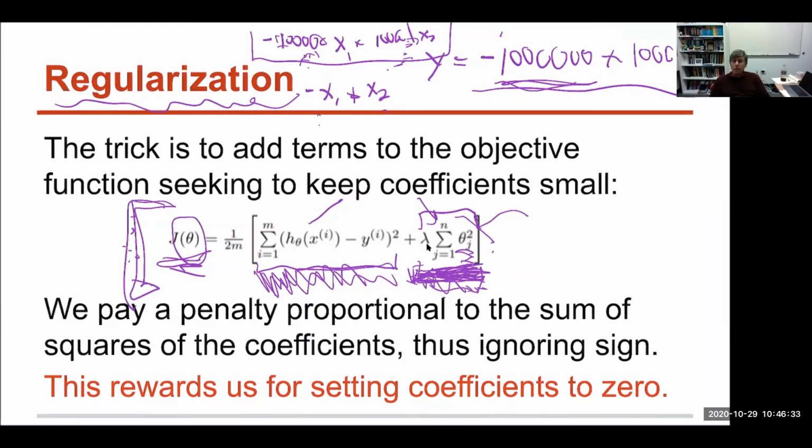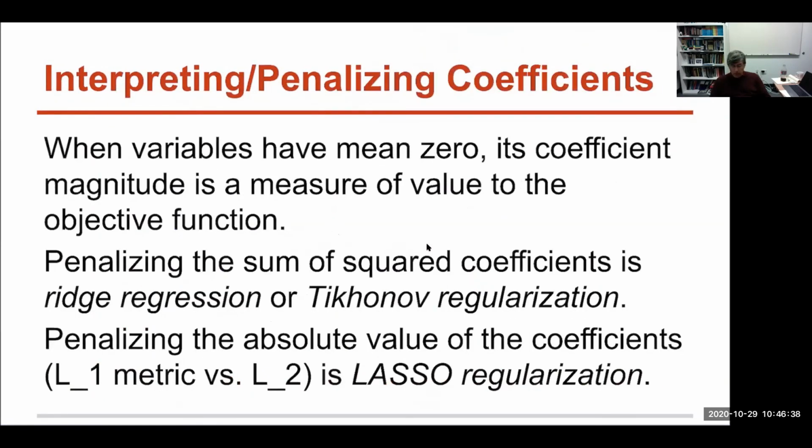Any questions? Okay. So again, as far as how to think about these coefficients, if the variables we had were turned into z-scores, so the mean value of each dimension was 0, then if it's a positive coefficient, it tells us that that variable is positively correlated with the target.